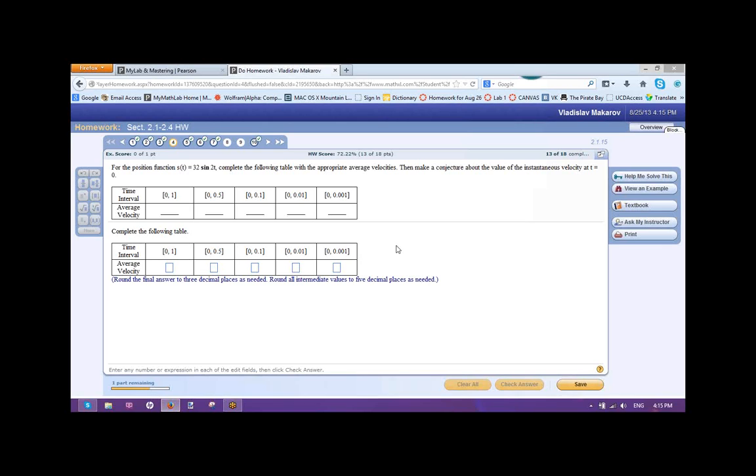Of course, the way we would want to do it is by using the 0 plus h method in order to find out exactly what it is at t equals 0. We now know how to do that. Go ahead and say, Help Me Solve This.